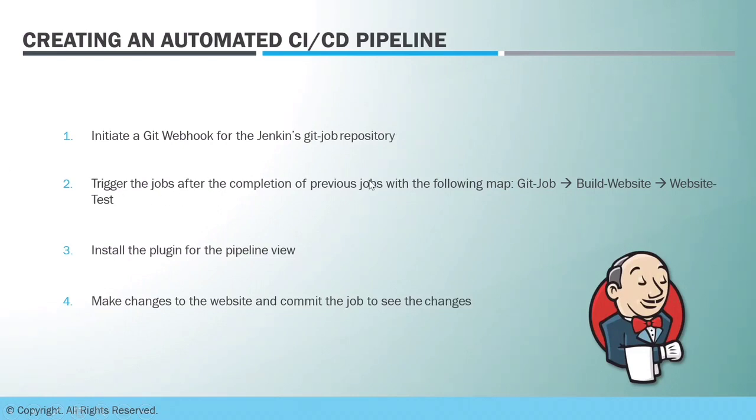Then we will trigger the job after completion of the previous job with the following map. We will have a Git job created, which will pull the code from the GitHub repo based on the action performed on the Git repo, and then it will build the website, deploy the website and test it. Then we install the plugin for the pipeline view, make changes to the website and commit the changes to see the changes.